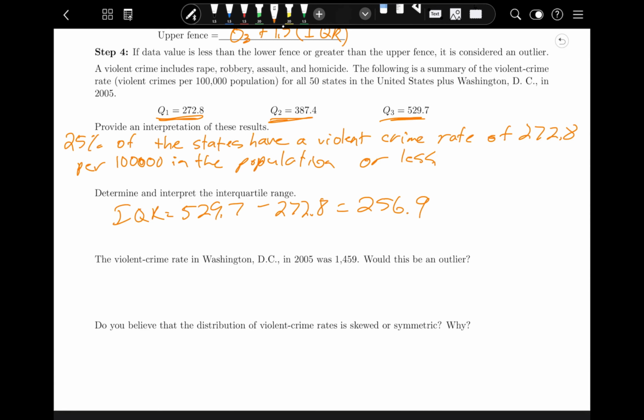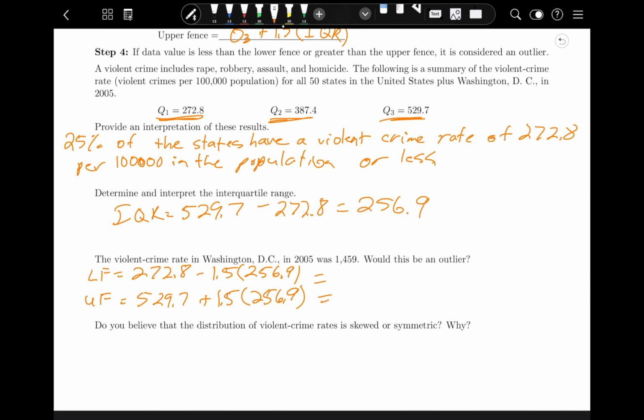Then it asks us, the violent crime rate in Washington, D.C., in 2005 was 1459. Would this be an outlier? One way to find the outliers is to find both the fences. So the lower fence is Q1, 272.8, minus 1.5 times the interquartile range, 256.9, and the upper fence is Q3, 529.7, plus 1.5 times 256.9.